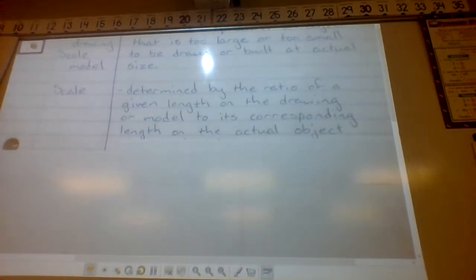So to find scale, you are going to find the measurement of the model or the drawing, and the measurement of the actual, and compare those two.